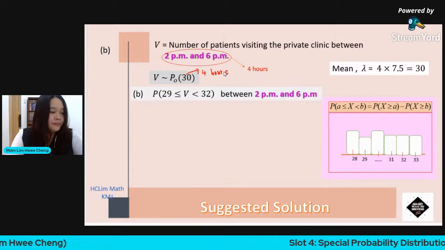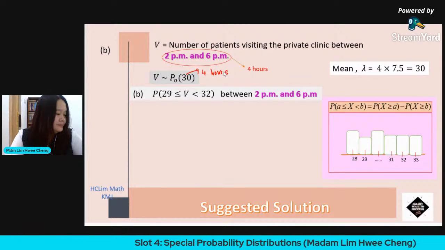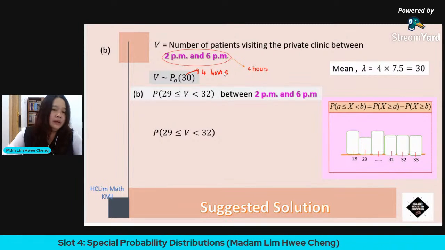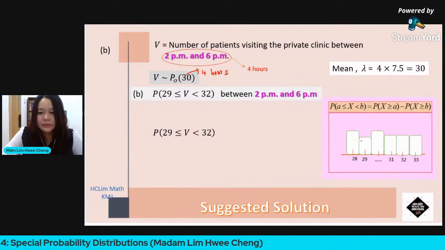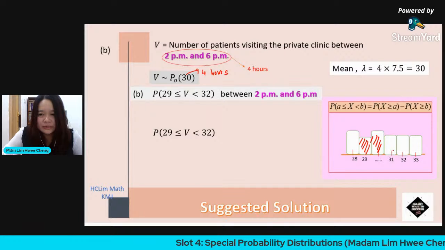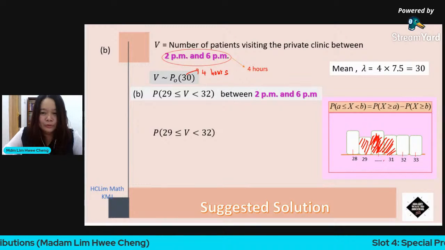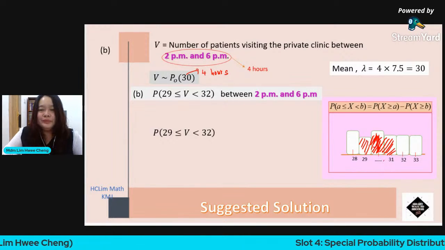Okay, so to read this, we have to form the formula first. You look at your petua gigi. I'm going to include 29. I highlight less than 32. Maksudnya dia tak termasuk 32 and 31 only. You just shade it. Tengah-tengah saya dah buat dot, sebab ada lagi banyak gigi saya tak mampu nak lukis. Okay, ada 30 je lah actually.